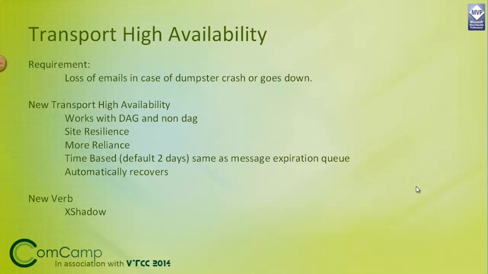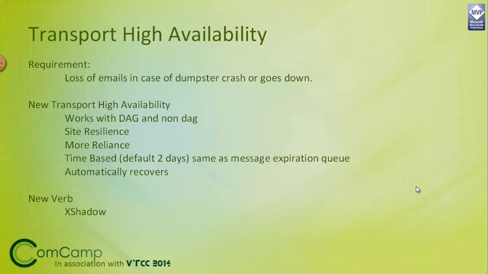Transport dumpster is a great feature, but in case of a hub transport server crash, we lost the emails. And when we looked around, we had DAG, we had CAS, we had mail flow in high availability, but the mail queues were not in high availability, which made Microsoft think, and now we have high availability of the transport queue as well.